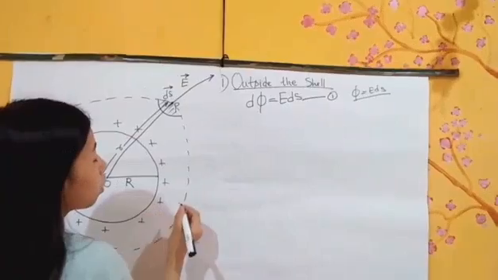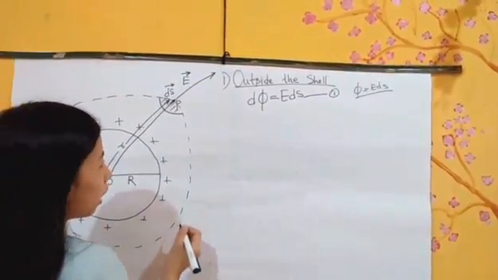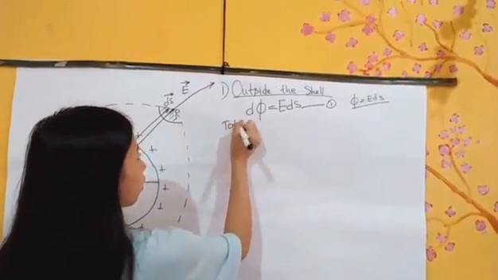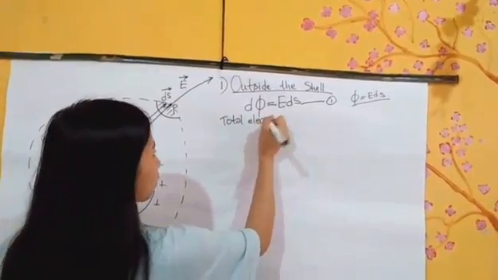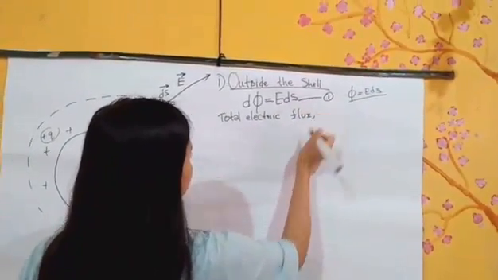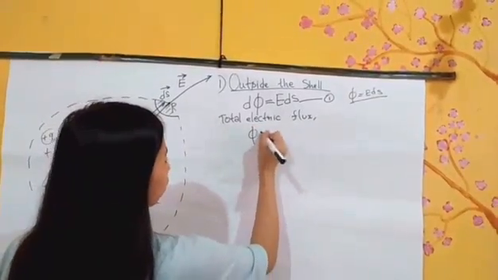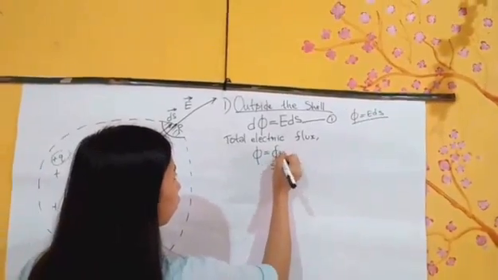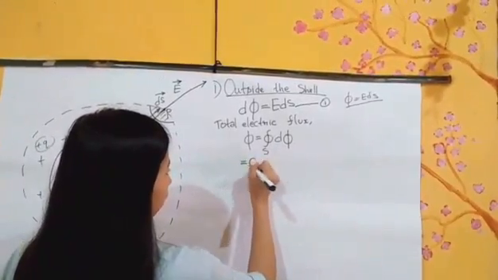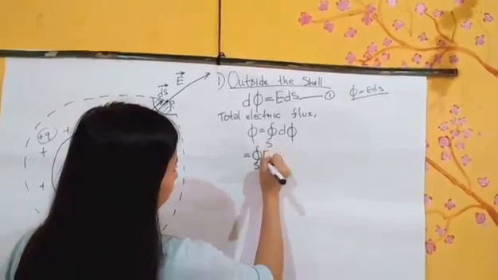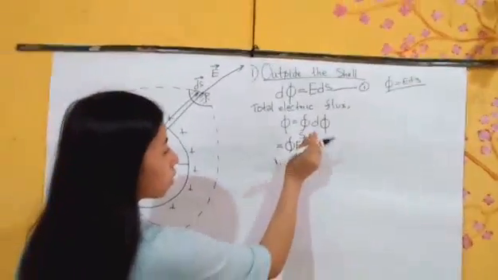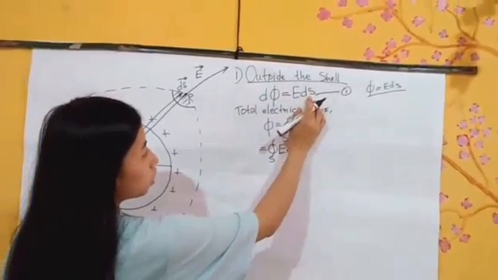And moving on to the next step, we need to find the total electric flux crossing the Gaussian surface using Gauss law. So the total electric flux phi is equal to the closed surface integral of d phi, which is the closed surface integral of E dS, because we are replacing the value of d phi which we got in equation number 1.